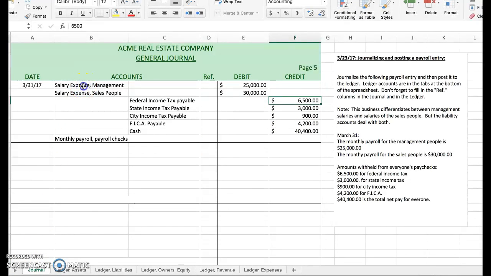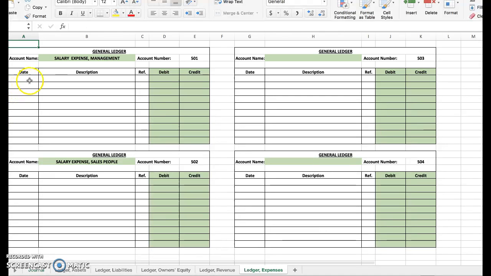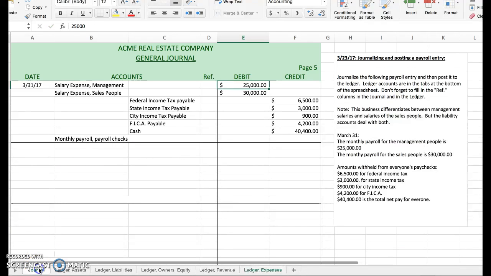Starting at the top, salary expense, management, $25,000. Let's go to the expense account and date. 3/31/17, and the debit to that account was $25,000.